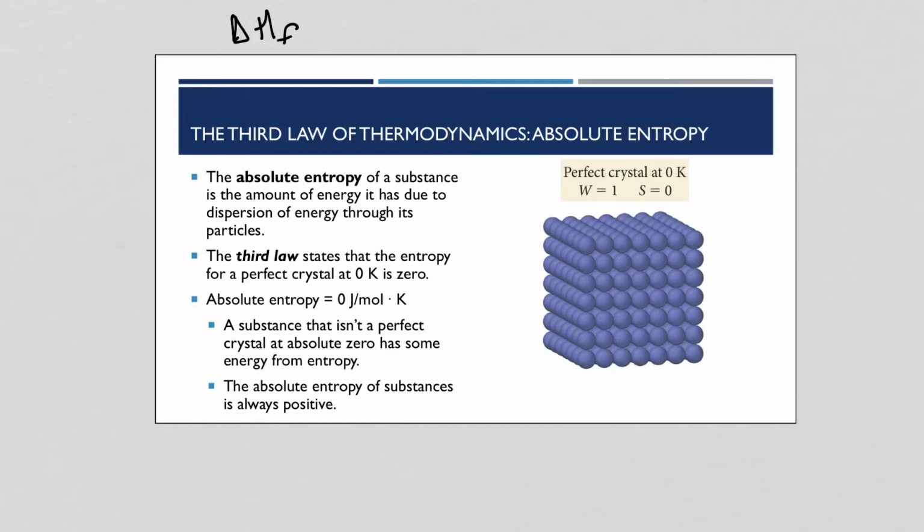So in other words, there is no disorder, 0 entropy for a perfect crystal at absolute 0. Okay, so that's our absolute 0. We don't need to come up with other values like standard enthalpies of formation because we have one.